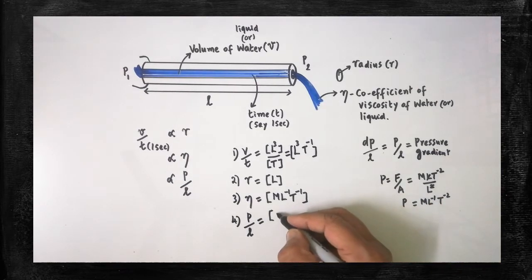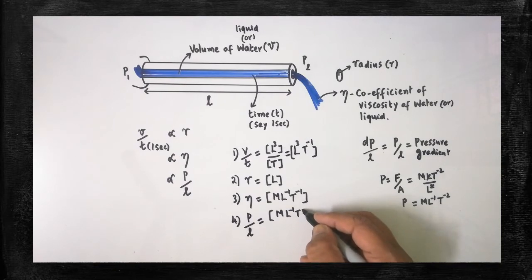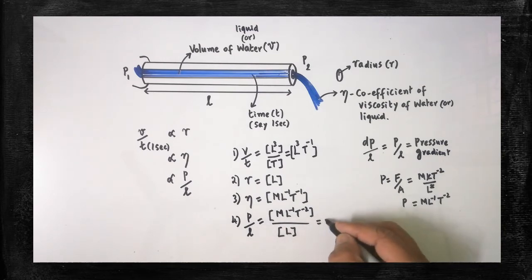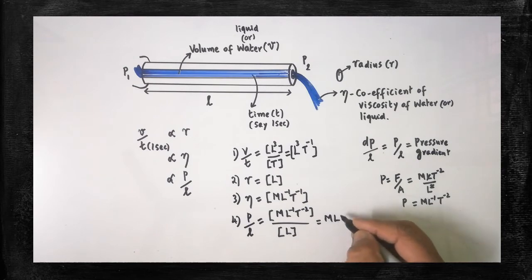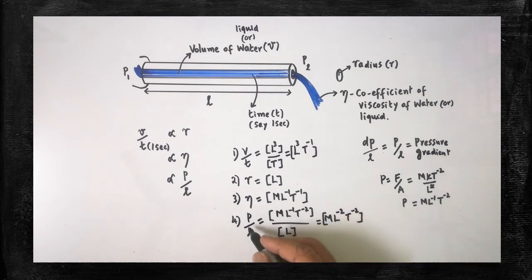Substitute here. M L inverse T power of minus 2 whole divided by the dimensional formula for length, which is L. If it is brought up, what will happen? M L power of minus 2 T power of minus 2. So this is the dimensional formula for pressure gradient.